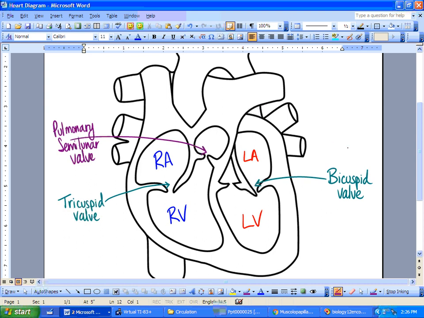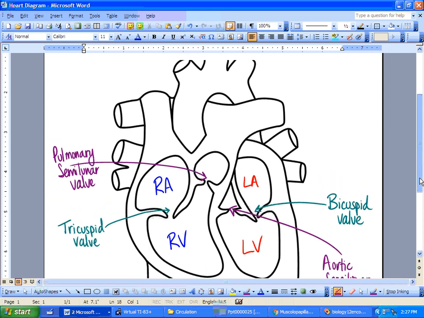And then over on the other side, where the left ventricle is squeezing into the aorta, that is the aortic semilunar valve. And again, those are preventing backflow into the ventricles once they've squeezed. So there's the major chambers of the heart, the major valves of the heart.